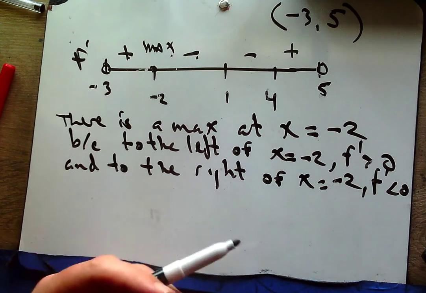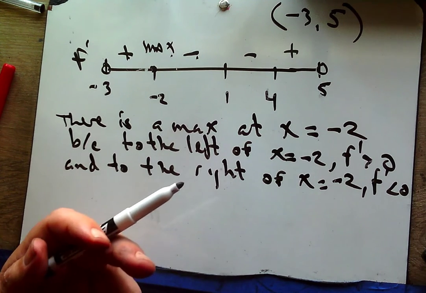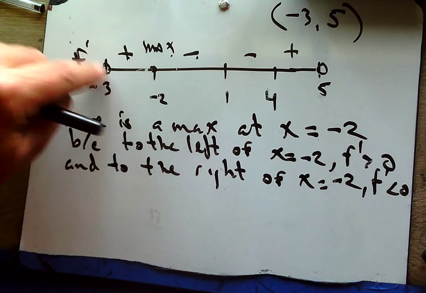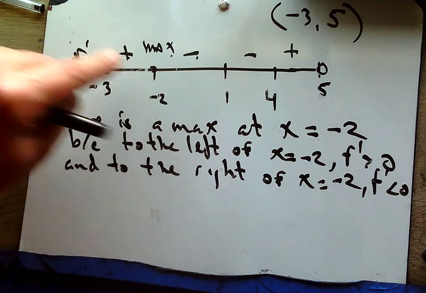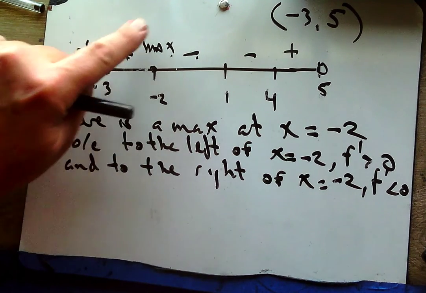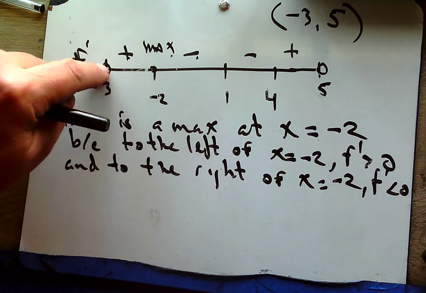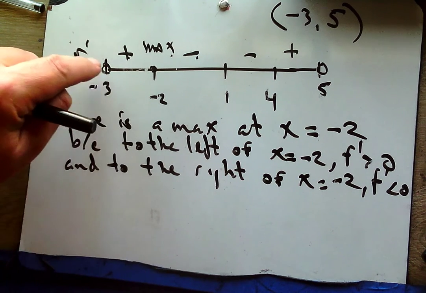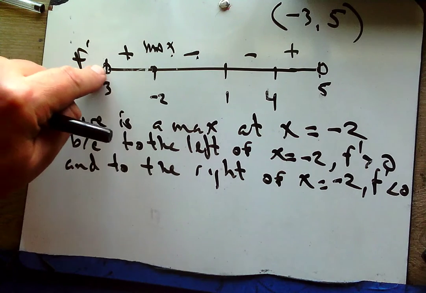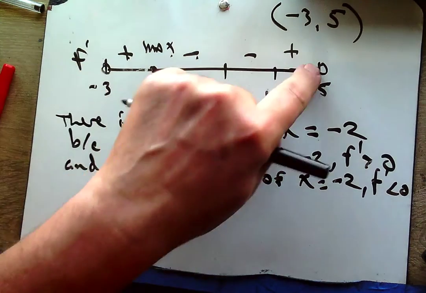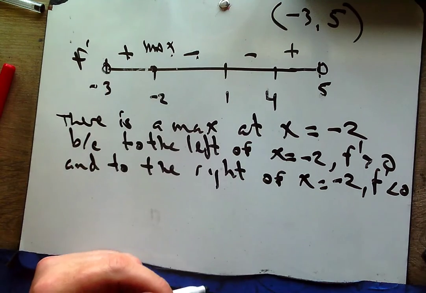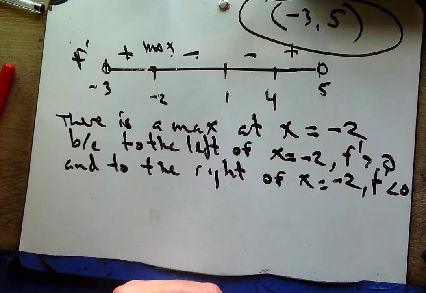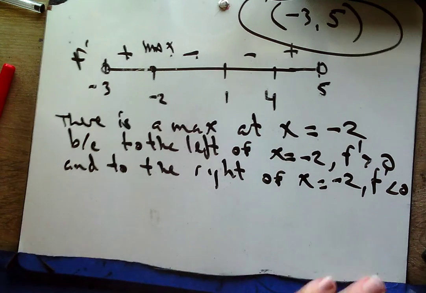My experience with Sabino students is they think, oh, look, -3 is a min because to the right of -3, f prime is positive, so f is increasing, so this must be the low point. Our students, you fabulous people, are not afraid to think about what's happening at endpoints. But College Board says, no, that's going to be too hard for them. And so we only have one max.